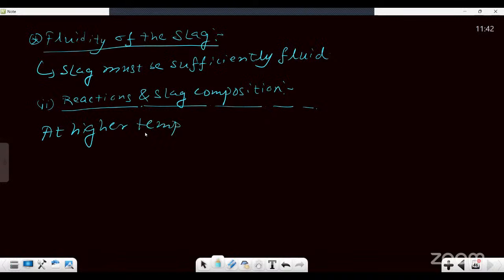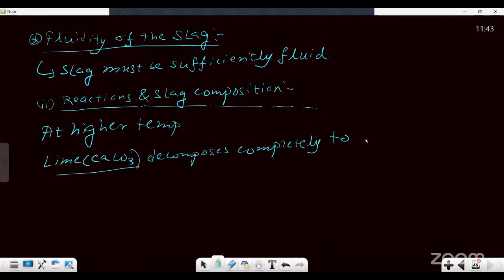At higher temperatures, limestone, calcium carbonate, CaCO3, decomposes completely to calcium oxide plus carbon dioxide, right? This will happen.